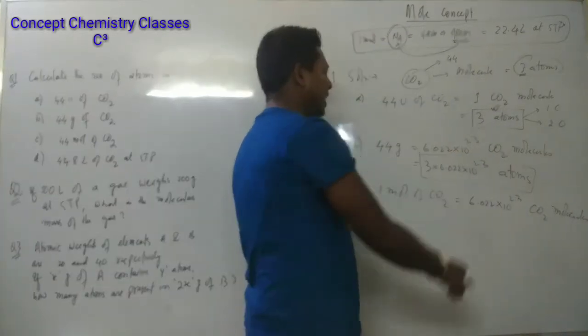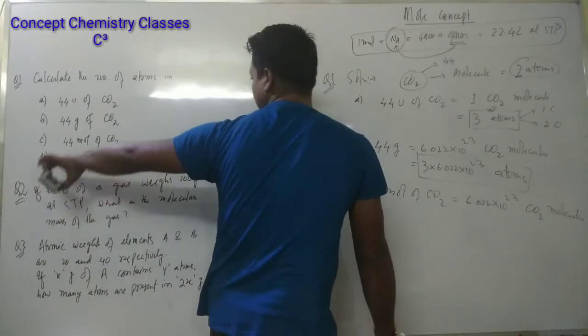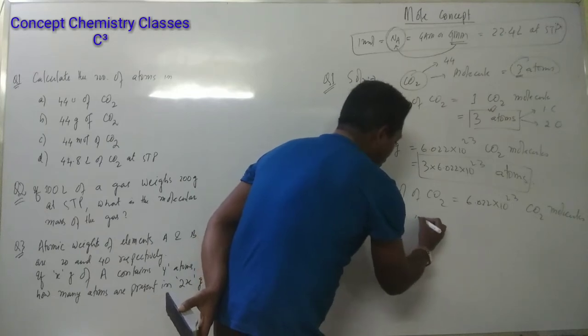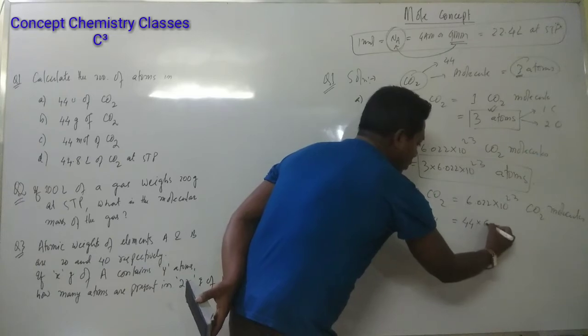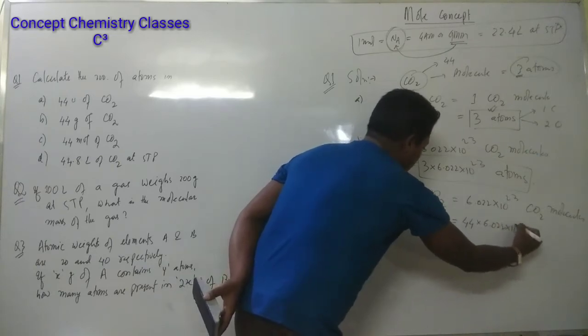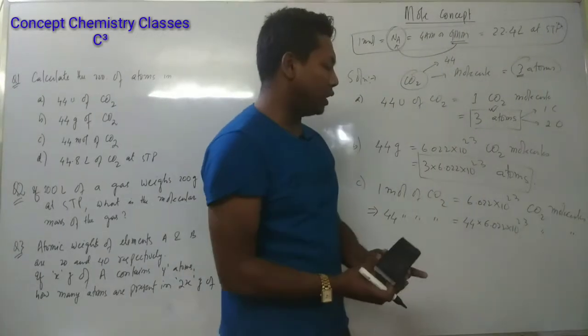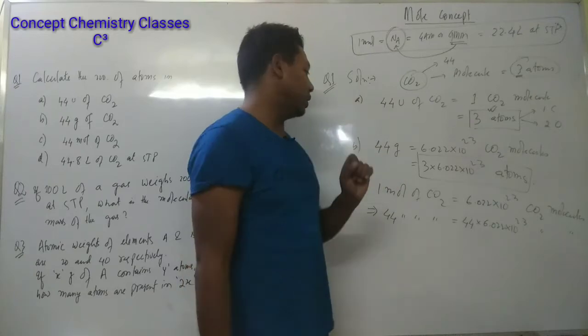Now this is in 1 mole of carbon dioxide, but we need to calculate in 44 mole. Therefore 44 mole of carbon dioxide will contain 44 × 6.022 × 10^23 carbon dioxide molecules.